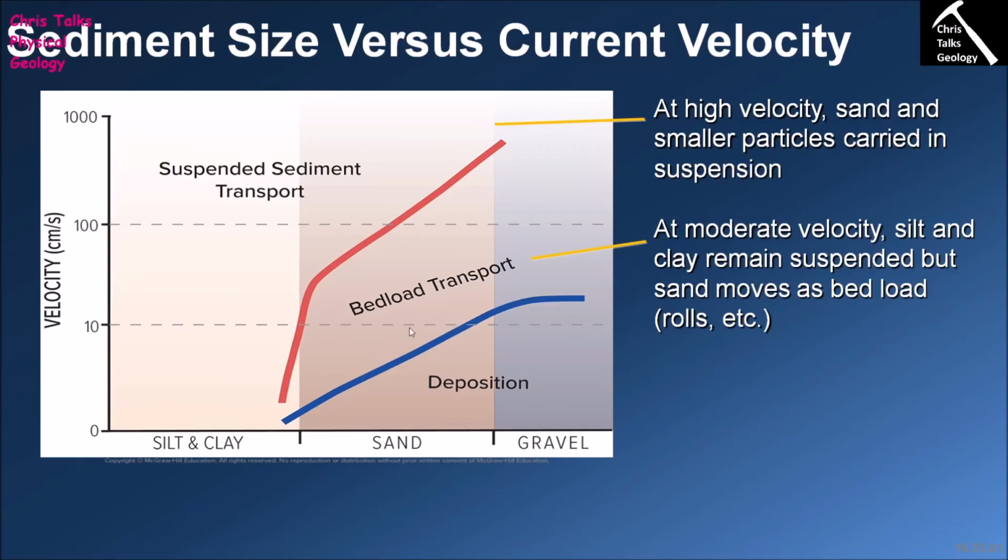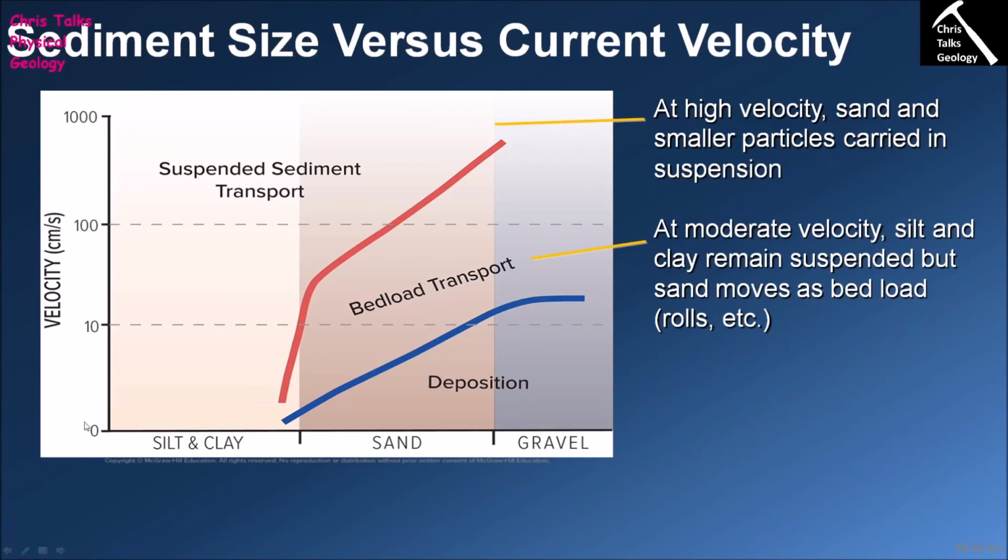They're no longer being picked up by the river water because it no longer has sufficient energy to pick them up and transport them that way. Larger sand clasts and gravel cannot be moved by the river. They must therefore be deposited at this point because the river no longer has sufficient energy to move them.